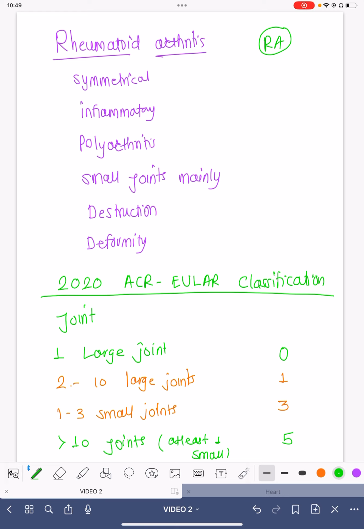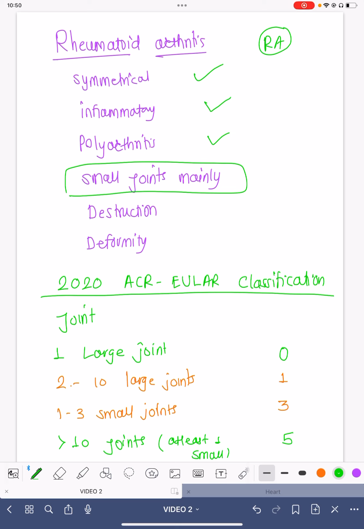The simplest definition of rheumatoid arthritis is that it is almost always symmetrical, inflammatory polyarthritis, so it involves a number of joints, and it mainly involves the small joints of the hands and feet. Involvement of small joints of the hand is one of the most important criteria for rheumatoid arthritis.